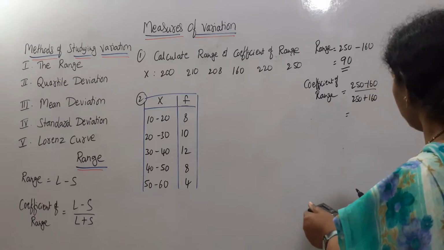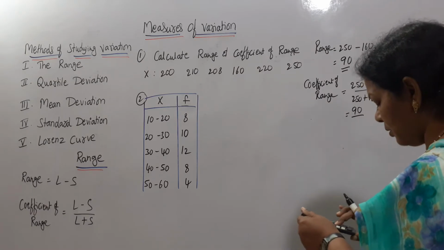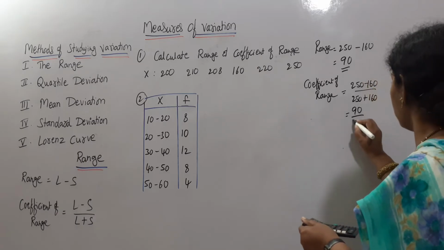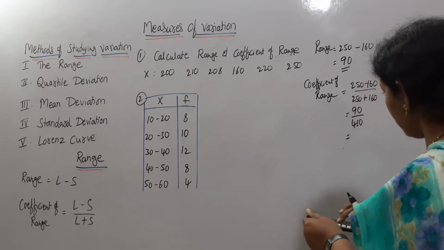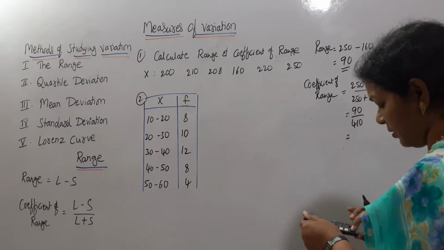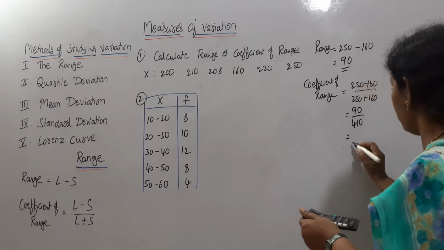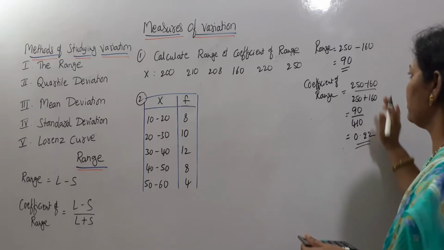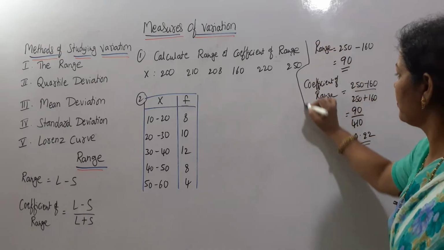So 90 divided by 250 plus 160, which comes to 410. 90 divided by 410 comes to 0.219, which means 22 we can write. This is the first problem.